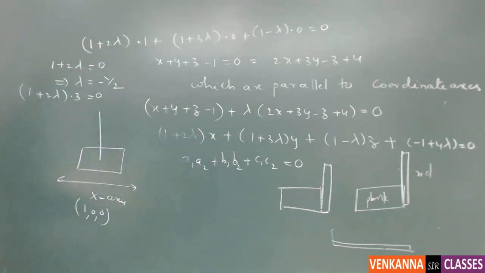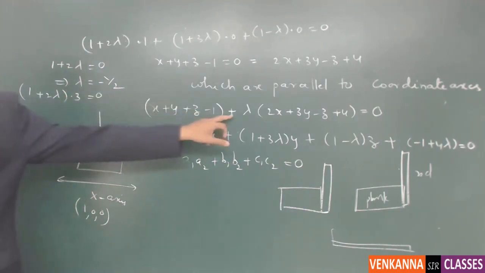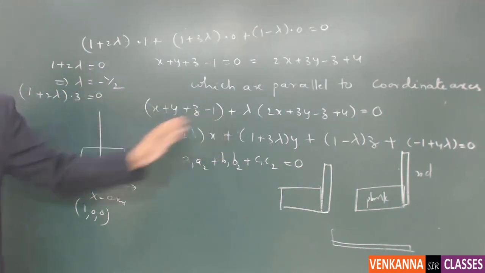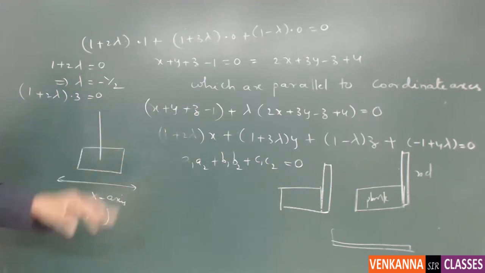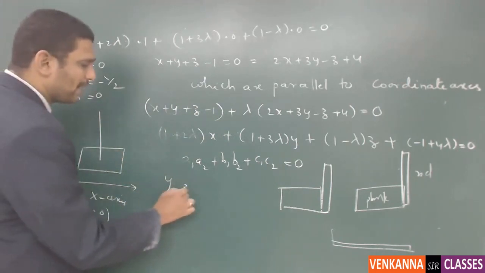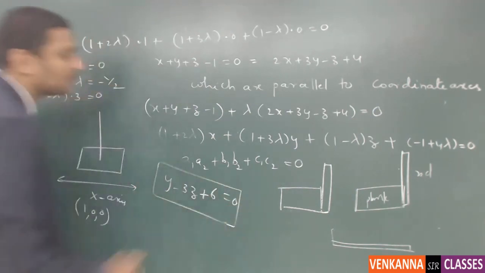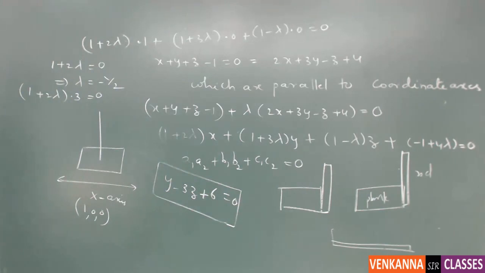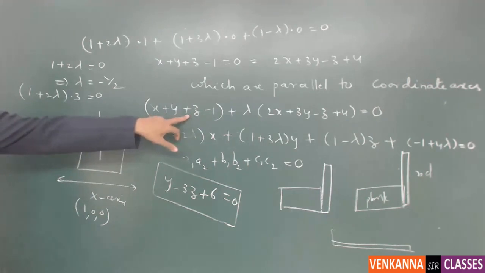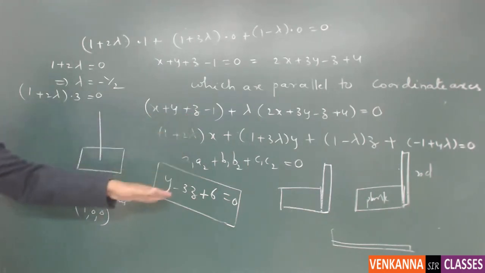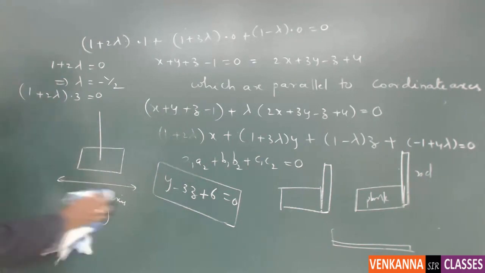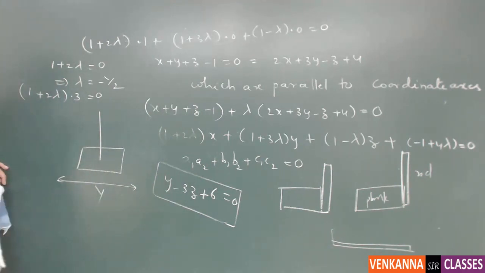Similarly, if you substitute lambda equal to minus 1 by 2 at this position, you will get the equation of the plane as y minus 3z plus 6 equal to 0. So that is one plane equation. Now again, let us assume that our required plane is parallel to the y-axis. Its DRs are nothing but 0, 1, 0.